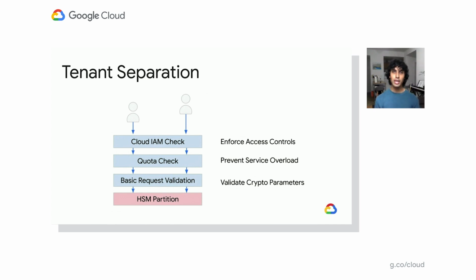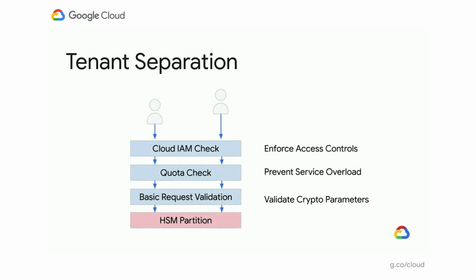In order to make sure that we have enough resources to serve requests for your workloads when you need them, we need to make sure that other customers aren't unexpectedly overloading the service. And third, we have basic request validation before the request reaches the HSM. For example, we check that different arguments are within their expected range in size and also that the key types are correct. This, coupled with the fact that there is no customer admin access, significantly reduces the attack surface available, creating a safer product.